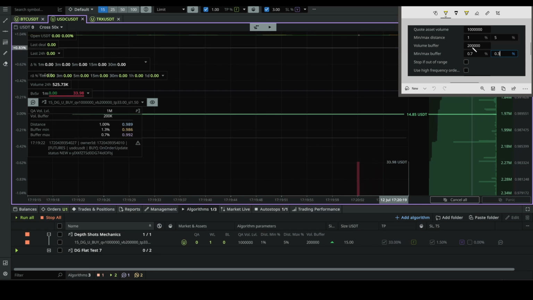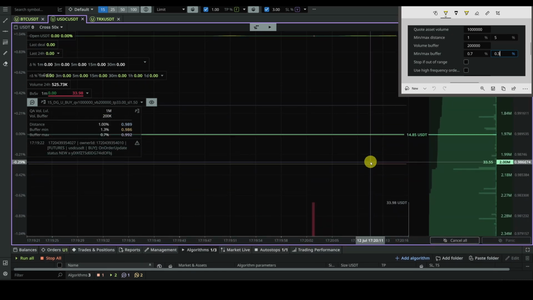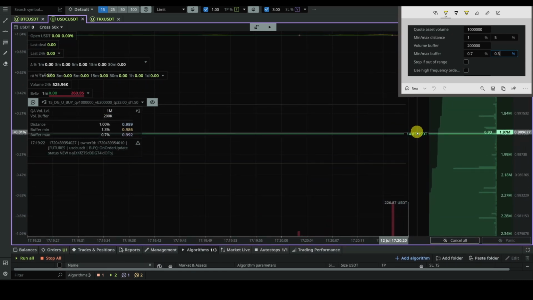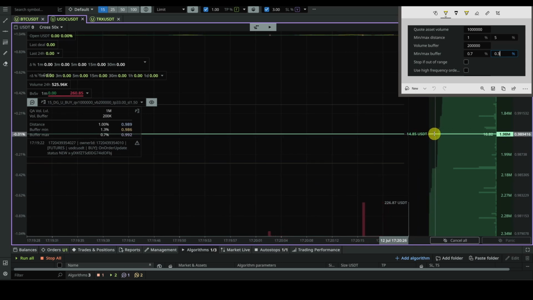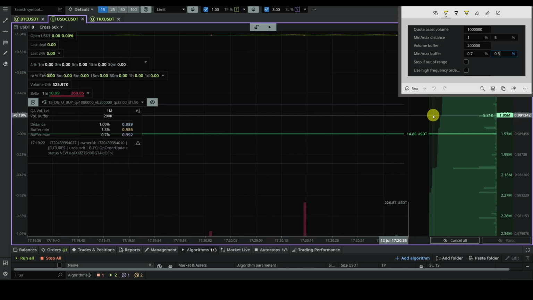So currently it's at 200K, so we should be really looking at the order book to see where plus or minus 100K is. We are at, let's say, 198. So we're looking at 188.